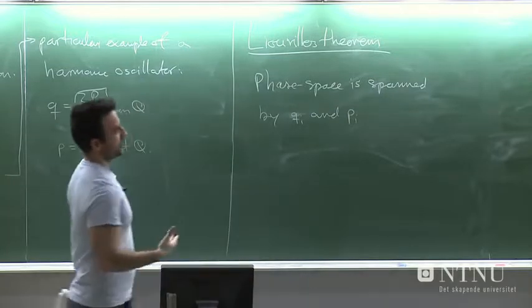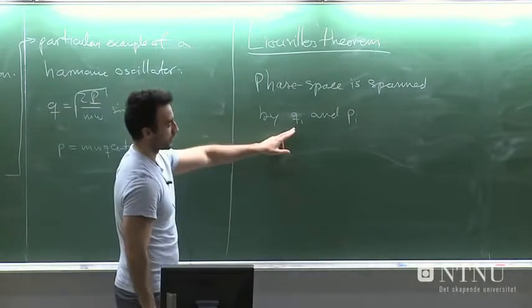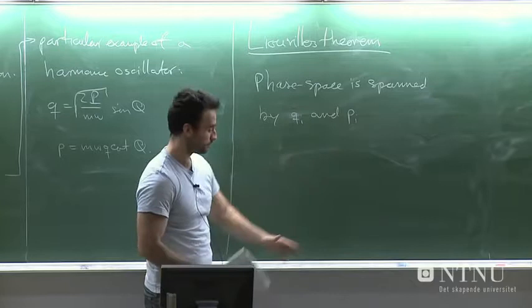Now the phase space of our system is spanned by the coordinates q and the canonical momenta p.